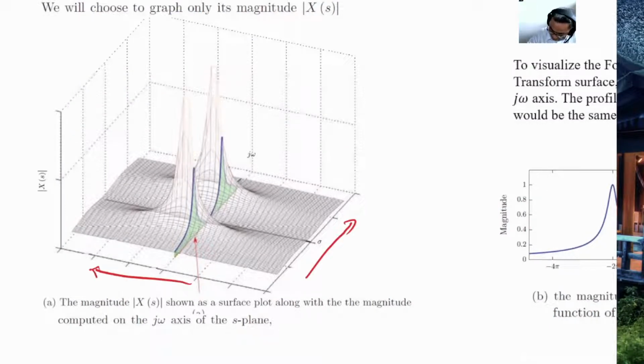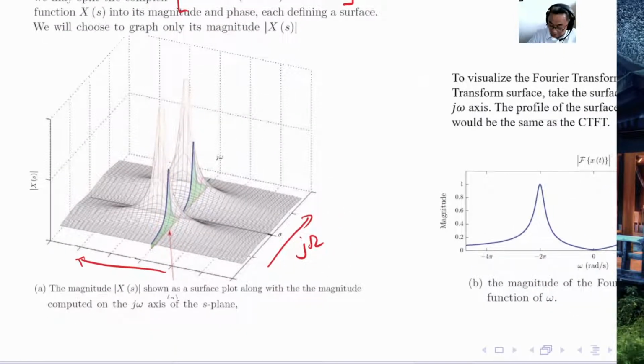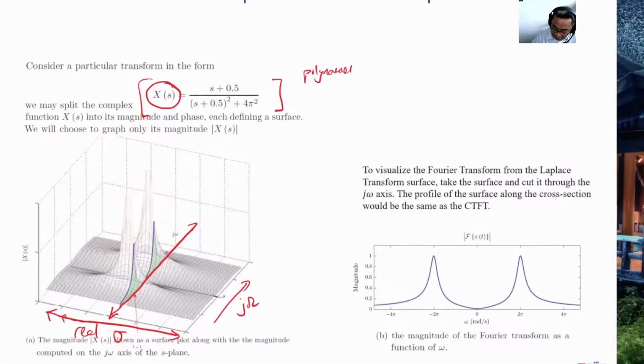It is jω along this axis here, and along this axis it is the real sigma. So we're going to give you a representation of Laplace, and it looks like this. You'll learn how to calculate this later on.